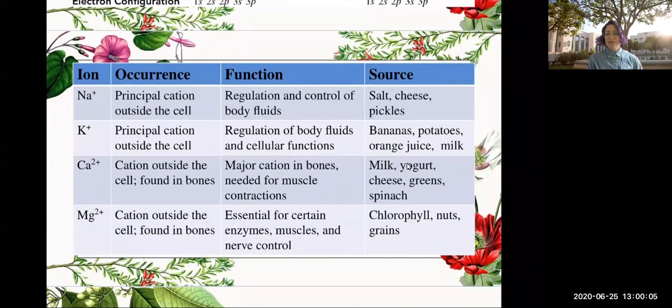So here are some ions that are hanging out in the body, what they do, why they're important. These are just important ions. These are also known as electrolytes. So ionic compounds can conduct electricity. So any ions you have in your body are electrolytes. So if you have not a lot of sodium or potassium in your body, your electrolyte counts will be low.